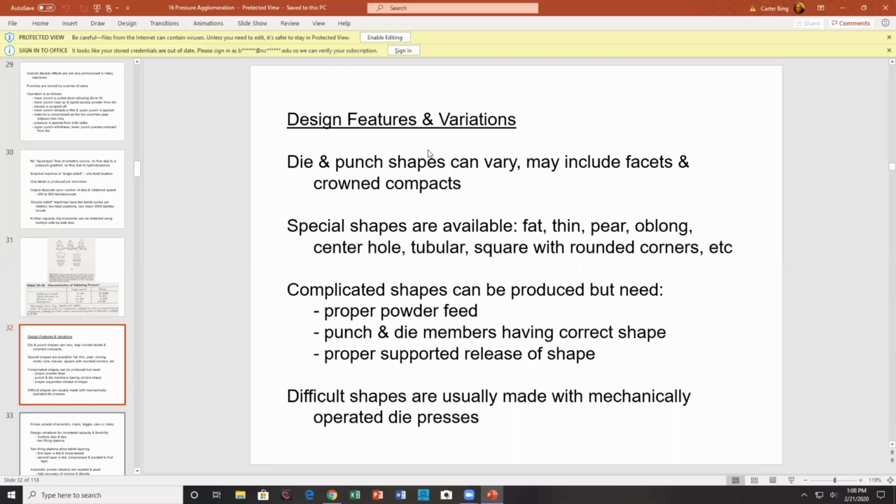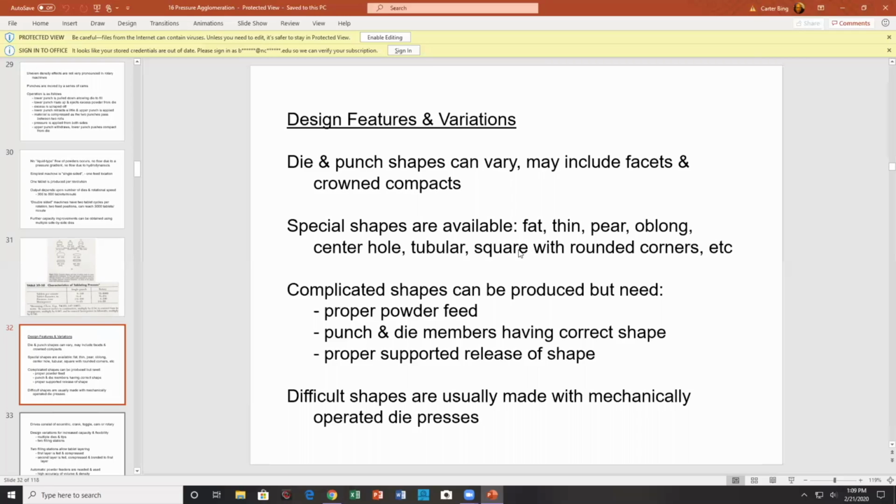Design features and variations. Well, die and punch shapes are varied and may include facets and compound caps. Well, special shapes are available. Fat, thin, pear, oblong, center hole. Yeah, I doubt if Lifesavers are made with a punch, but you know, tubular, square with rounded corners.